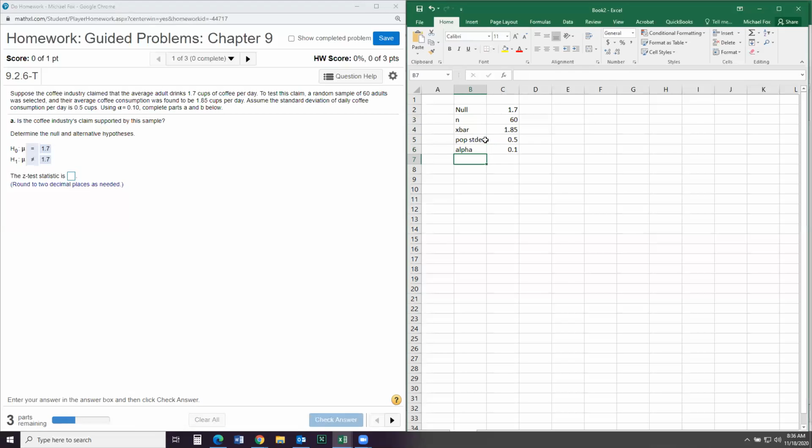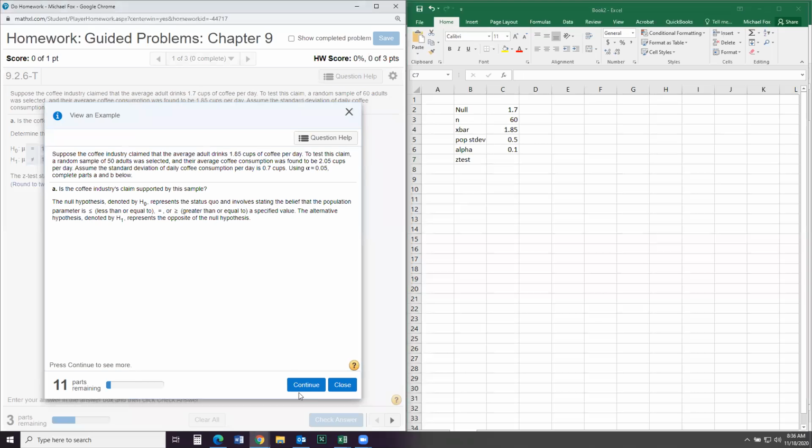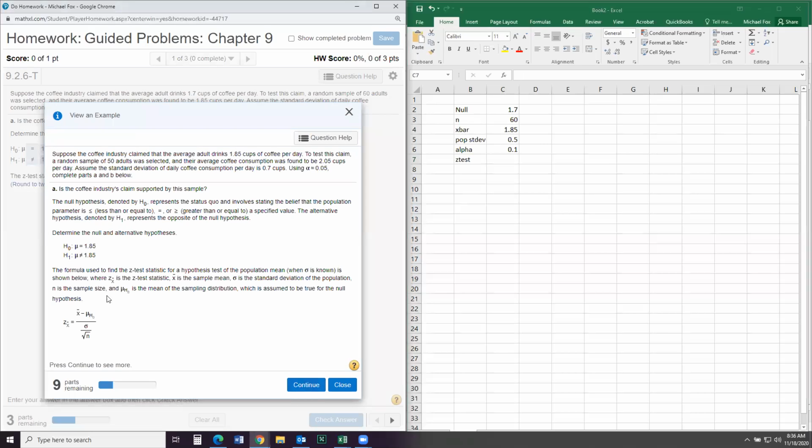So that's all the information that we have. To calculate our z-test statistic, we're going to use the formula that's provided for us in the book. Also, if you forget it, you can always go to question help and do view an example, and it will give you the formula right here. Or if you've just done it a bunch like me, you kind of have it memorized at this point, but I don't expect everybody would.